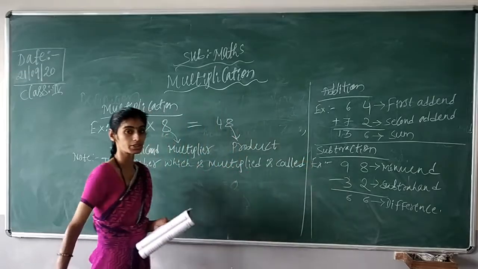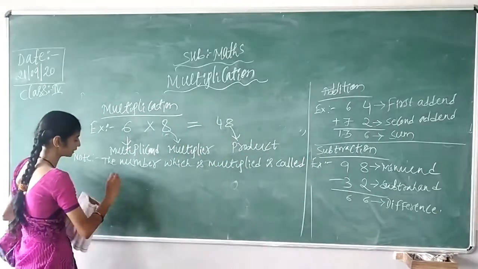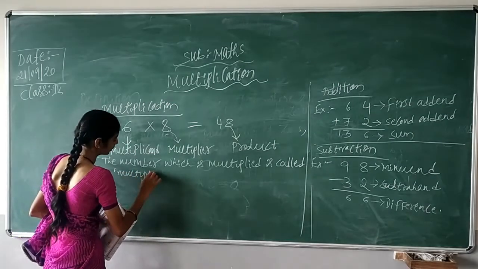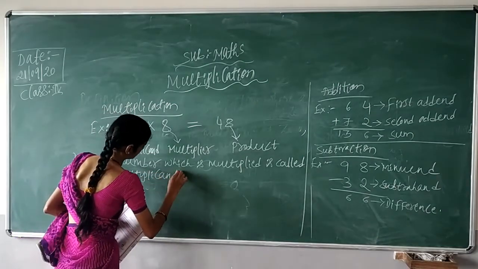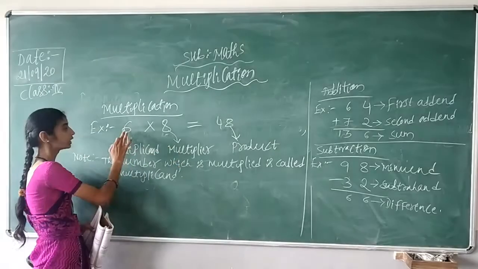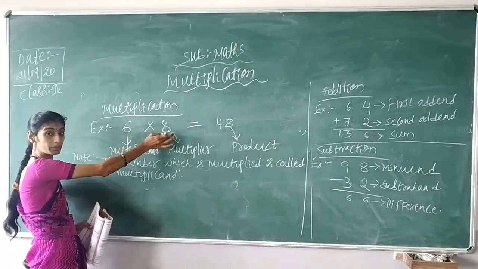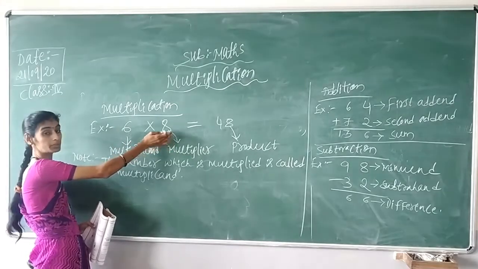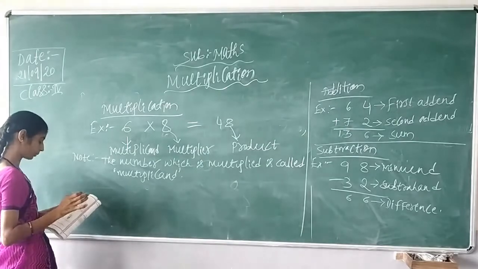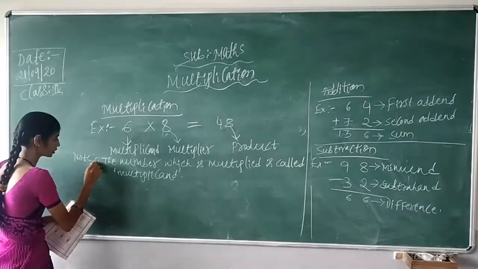The number which is multiplied is called multiplicand. So what is multiplicand? You must be able to tell. The number which is multiplied. So this 6 we are multiplying with the 8. So such number we call it as a multiplicand. So this is the first note.